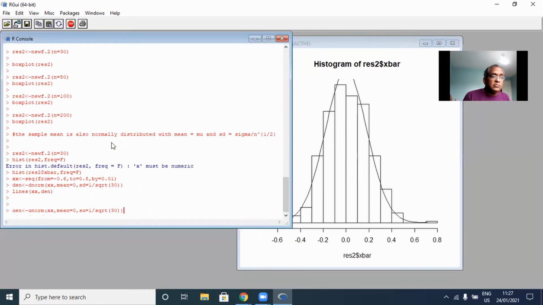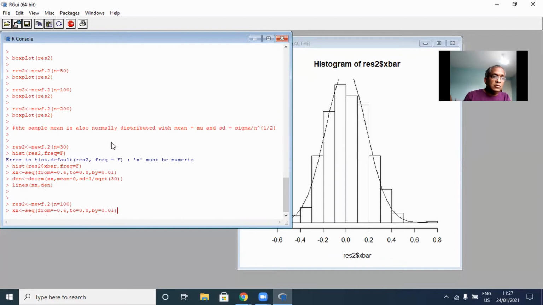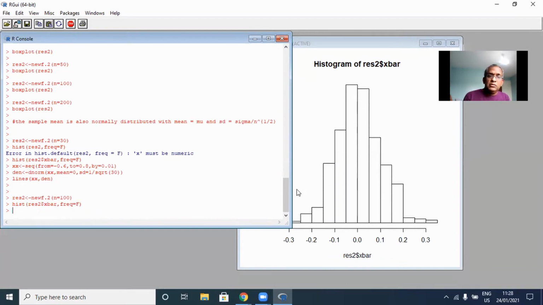Now let's do the same thing with a different value for n, let's say 100. The first thing we want to do is the histogram. The histogram looks like this.